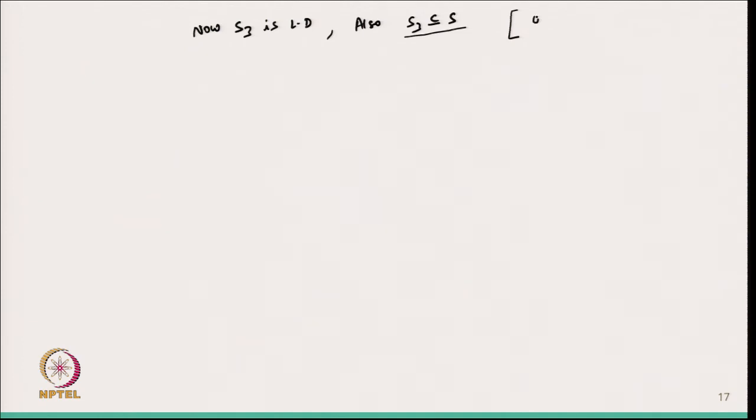So, using the property that a superset of a linearly dependent set is also LD, I can say that S is linearly dependent. This way we can find out that it is linearly dependent.